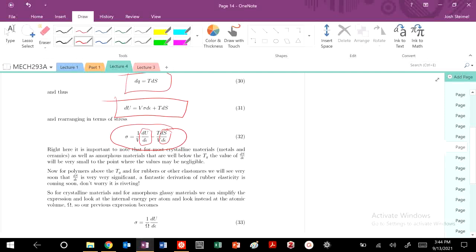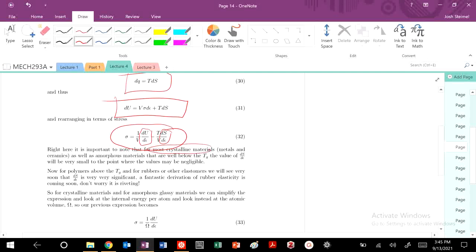Now here's the rub. We're going to focus first, and we'll finish it in another video, this is just a nice little introduction, on metals and many crystalline materials. This derivation holds because we're making a very critical assumption.